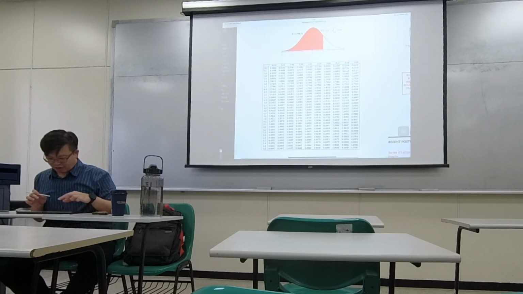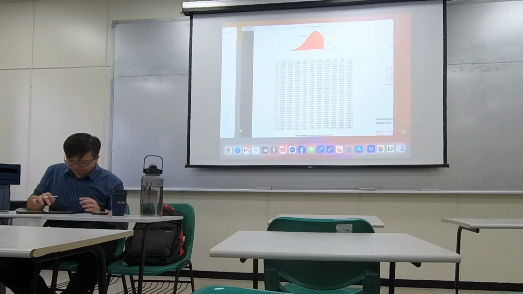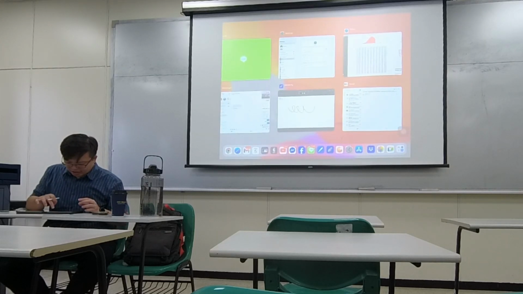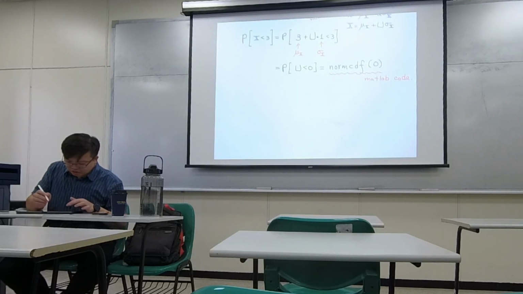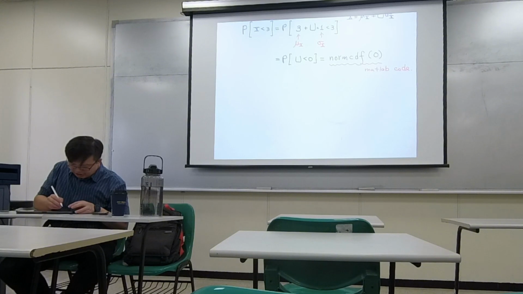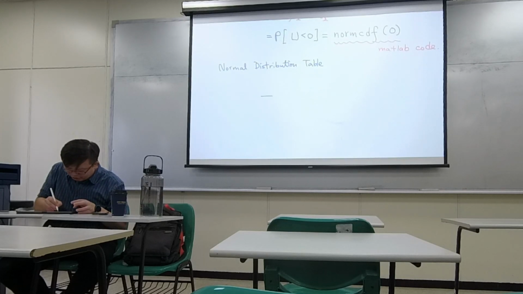So from here, you can check the normal distribution table. There are many of them on the internet. Usually it looks like this.